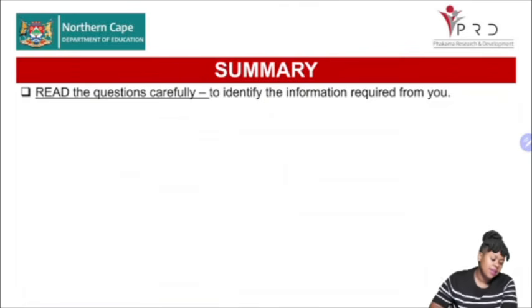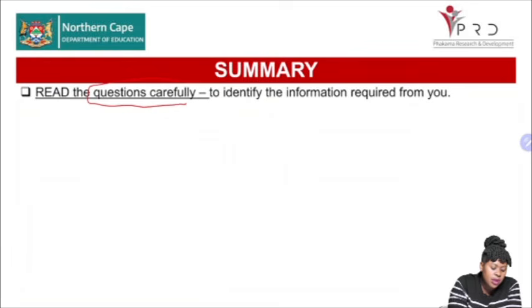So now the summary of this lesson says, read the questions carefully. Whenever you are reading the questions, be able to analyze. You will see that I've been highlighting and looking out for the keywords of a particular question in order for me to be able to answer it. And that is the approach that you need to use when you are answering these questions. Because it seems like it's a lot of words and you don't even understand what the examiner is trying to say.